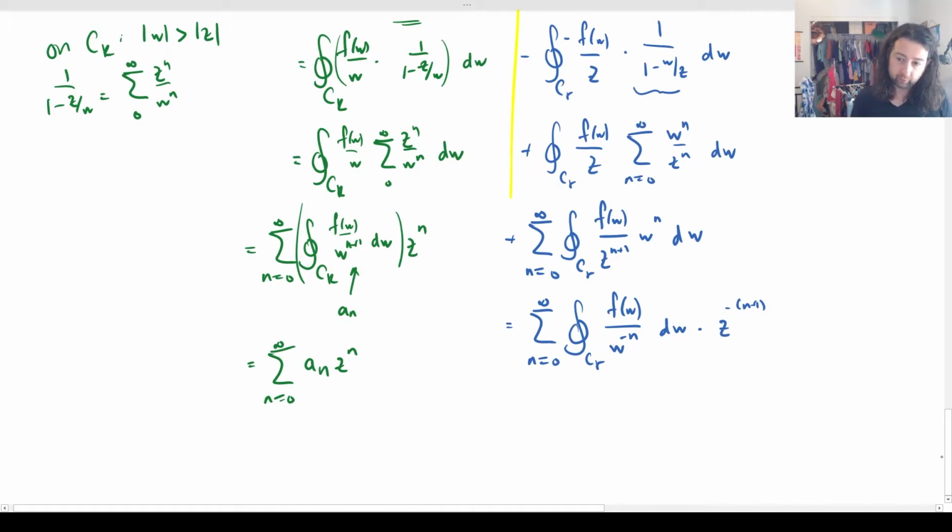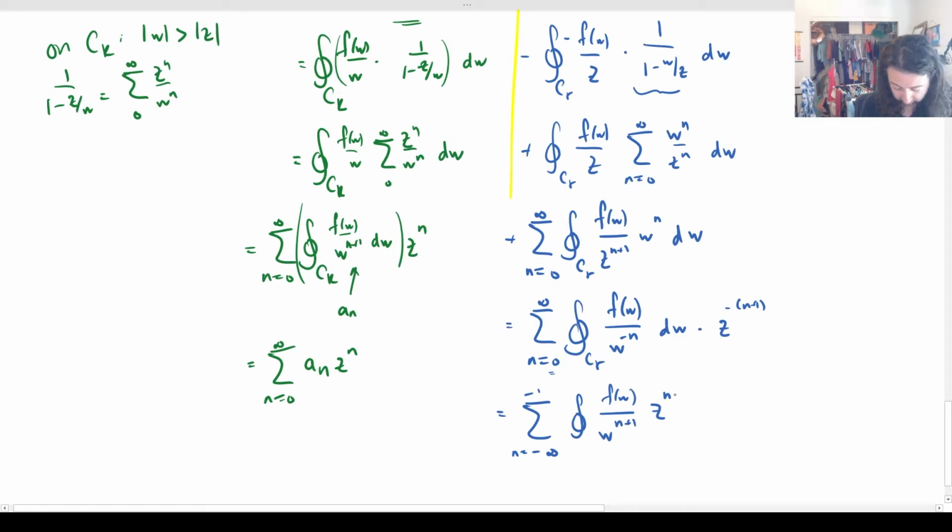So what we're going to do is re-index the series. If I don't want to start from 0, I'm going to start from -1 and then go -1, -2, -3, -4, -5, so I can make the pattern match. And that gets me the sum from -1 to minus infinity of the integral of f of w over now w to the n plus 1. Let's see, does that work? Here I put in a 0 and I get out -1. Here I put in -1.